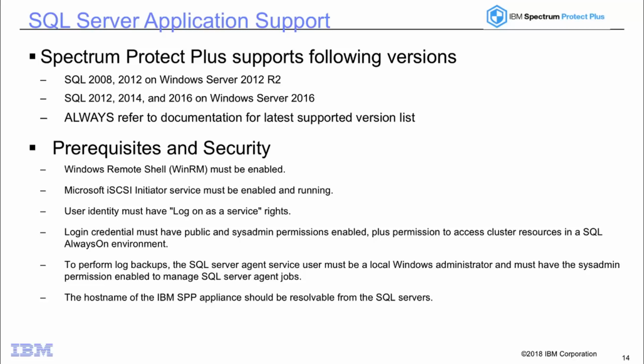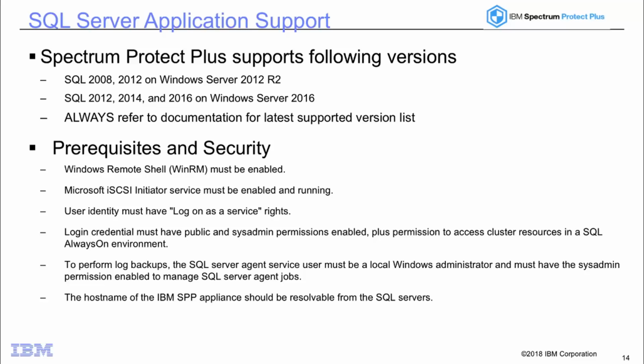Again, these support matrices change on such a frequent basis that before you install, and if you're looking for support for a specific version of SQL Server, go out and look at the supported version list and make sure you have the latest information. And we do support SQL Server on both physical and virtual machines.